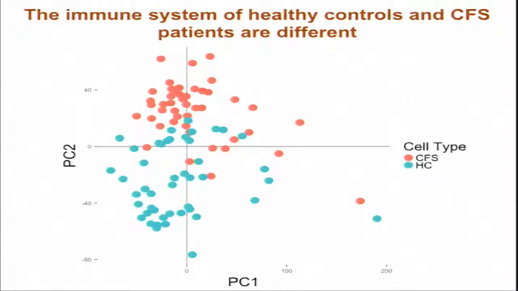I don't show this plot, but we can go in and look at the genes that are contributing to these differences. However, the main point is that we do indeed see a difference in the CFS and healthy control.